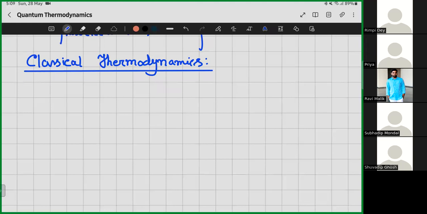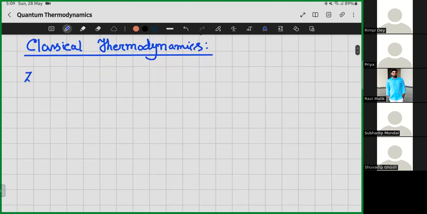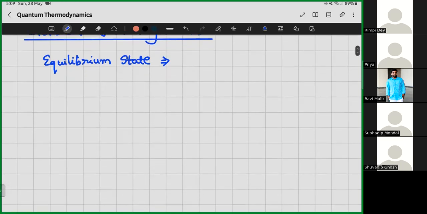In classical thermodynamics, we know the basic laws start with the zeroth law. The zeroth law basically describes the equilibrium state. I'm not stating the zeroth law here because it's well known to us, and I want to extend the equilibrium state. What does it mean? It means that we can define a state with some macroscopic variables like V, T, P: volume, temperature, pressure.